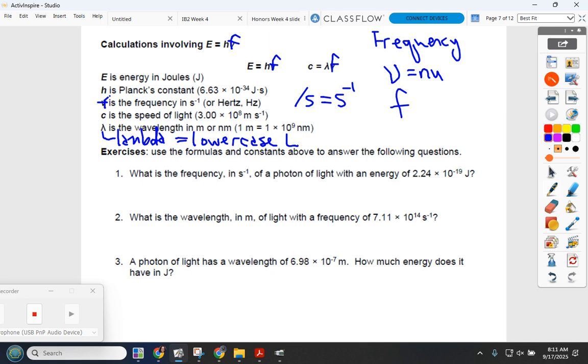So say I'm given energy, I want to know the frequency. So the equation I'm using is the first one, right? Because it's got energy and frequency in it, and it's got this constant that we already know. So if I'm looking at this equation, E equals hf, but I want to solve for f, how do I do that? If I want to instead say f is equal to something.